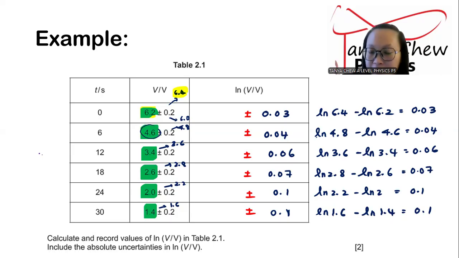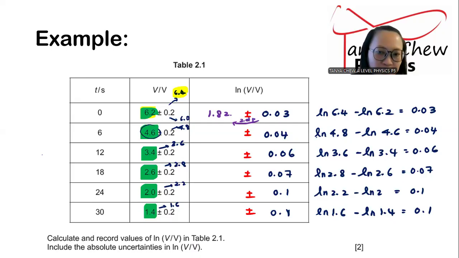But before you record the reading of ln V, bear in mind that since the absolute uncertainty is included, your reading must follow the decimal point of your absolute uncertainty. So 0.03 is 2 decimal points. So you put your reading in 2 decimal points, which is 1.82.